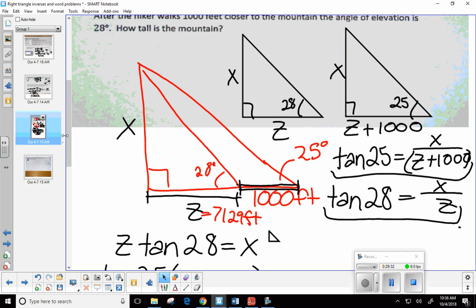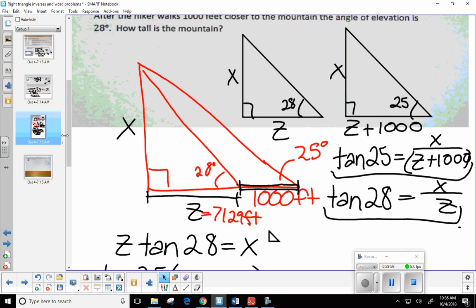And then how are we going to solve for x? Because we're looking for the height of the mountain. So what can I do to find x? Multiply what by the tangent of 28?